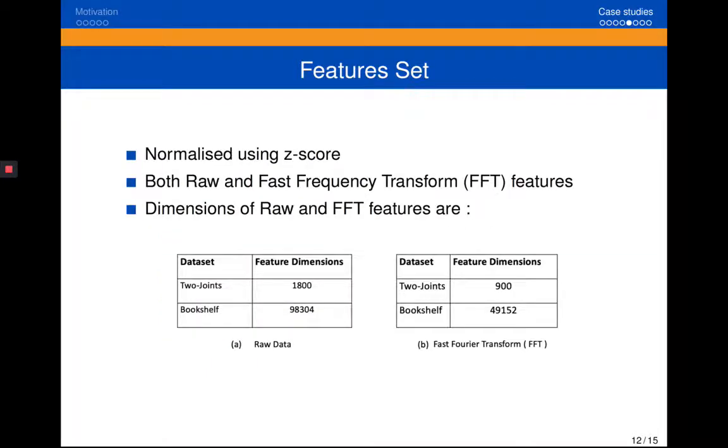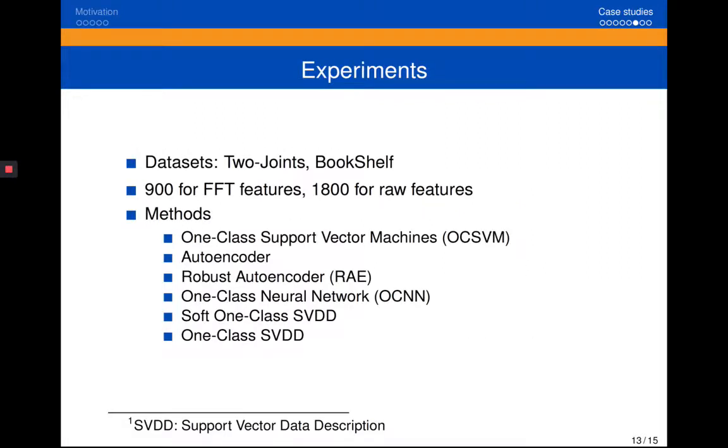So this slide presents the feature set, in which the raw features, once obtained, are normalized using the z-score. After applying the z-score, they could be used directly, or processed through an FFT filter to obtain the FFT features. The dimensionality of both the raw and the FFT features is described in table A and table B, as shown in the slide for reference.